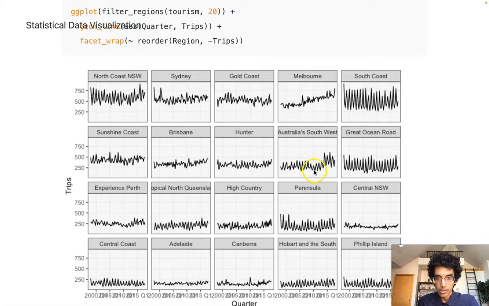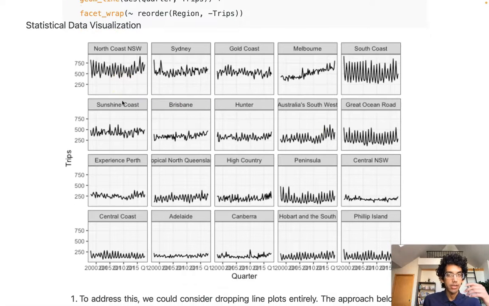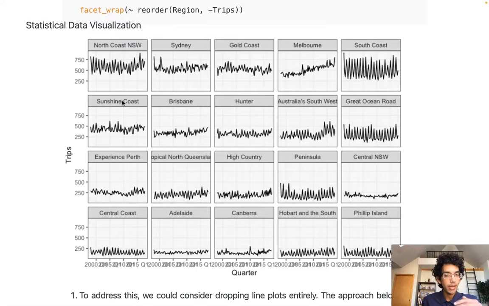Right? Maybe there's a small trend over here for Southwest. Okay, this is much more readable. Right? We've separated everything out. The downside is this takes up a lot of space. Right? If you had any more counties or any more regions than this, I'm not sure you would be able to facet everything out and still be able to see it in a small enough space.